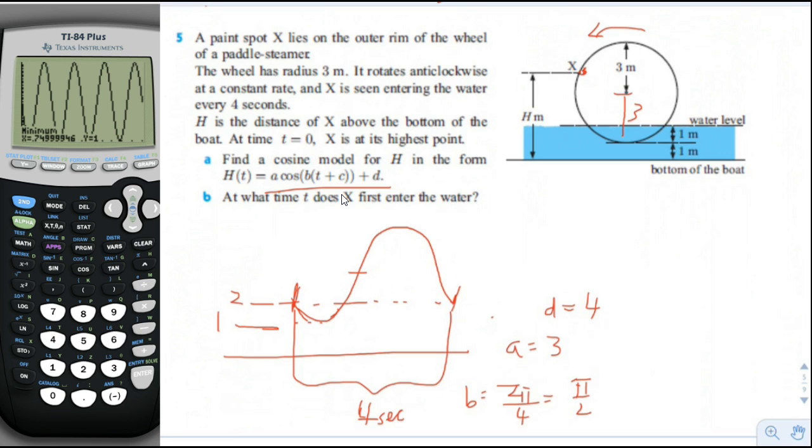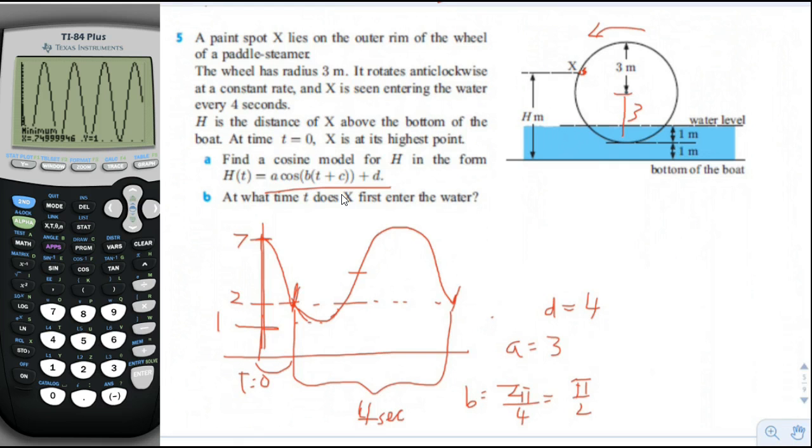Okay, but so where is the beginning of the cosine wave? The beginning of the cosine wave is right here, and so it says at t equals 0 that the paint spot is at its highest point, which is 7. Okay, and so let's see. Now they ask, at what time does X first enter the water, which is this distance here?